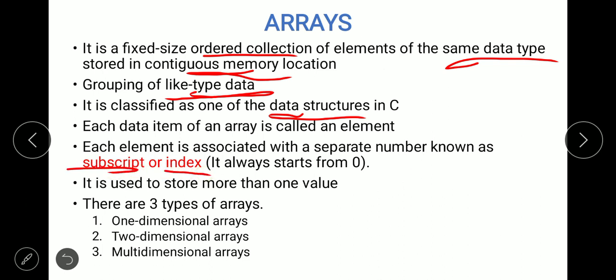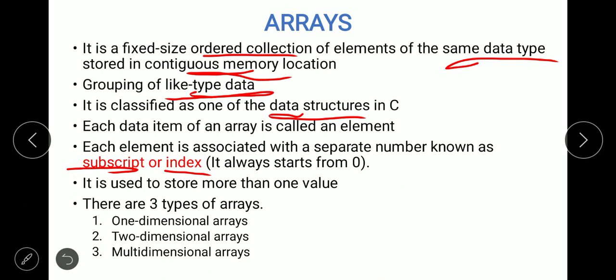From 0 to 10, each element is associated with some number. If we want to access those elements, we need to use that number, known as the subscript or index. The subscript or index always starts from 0.